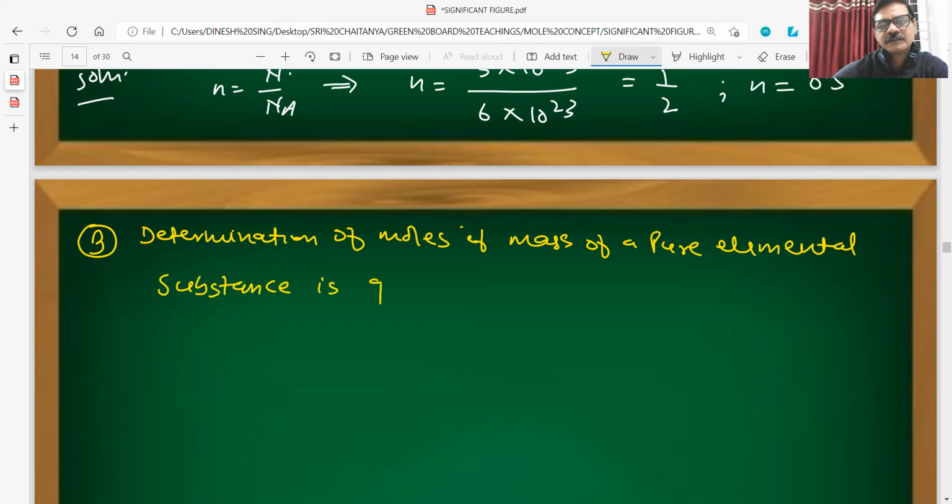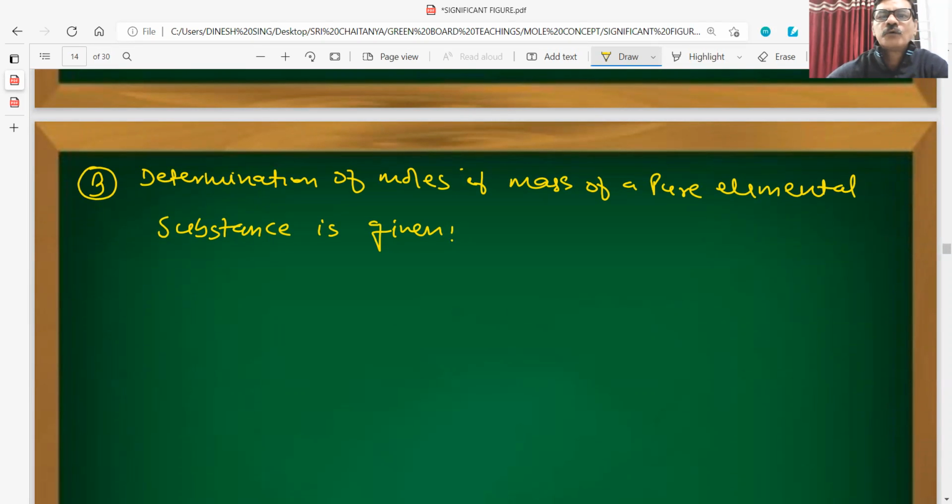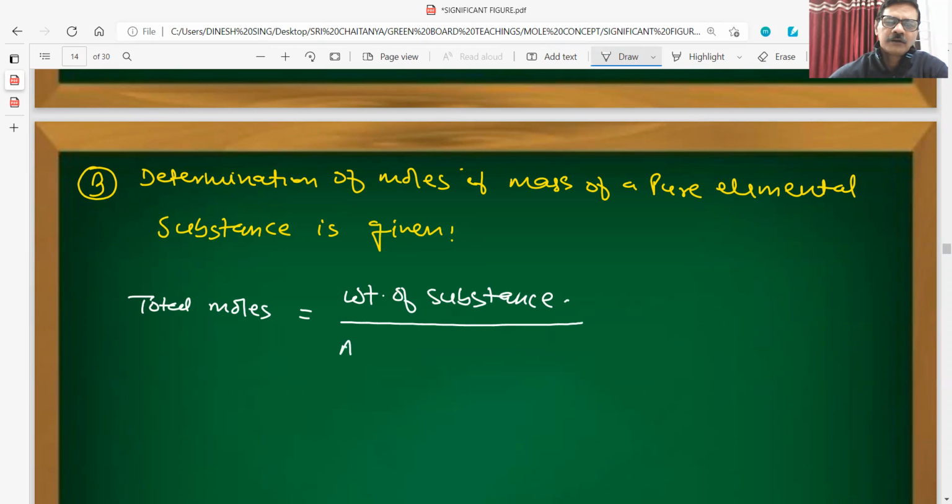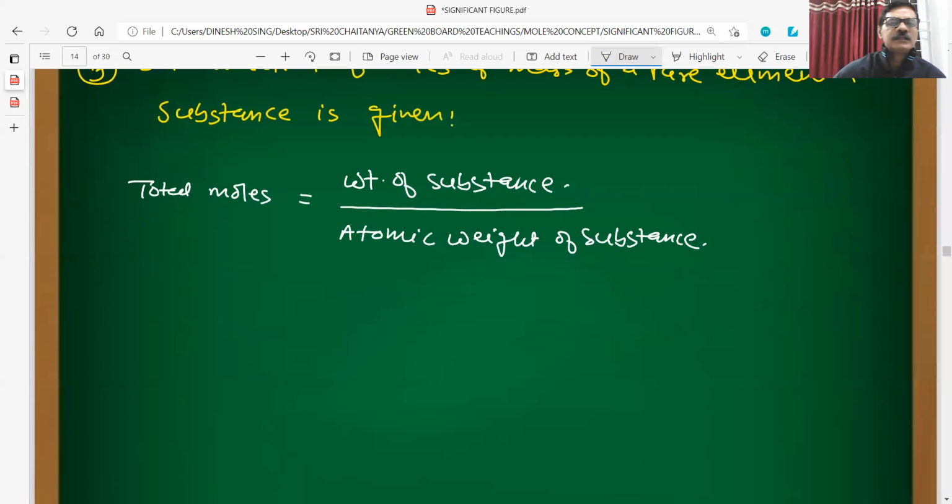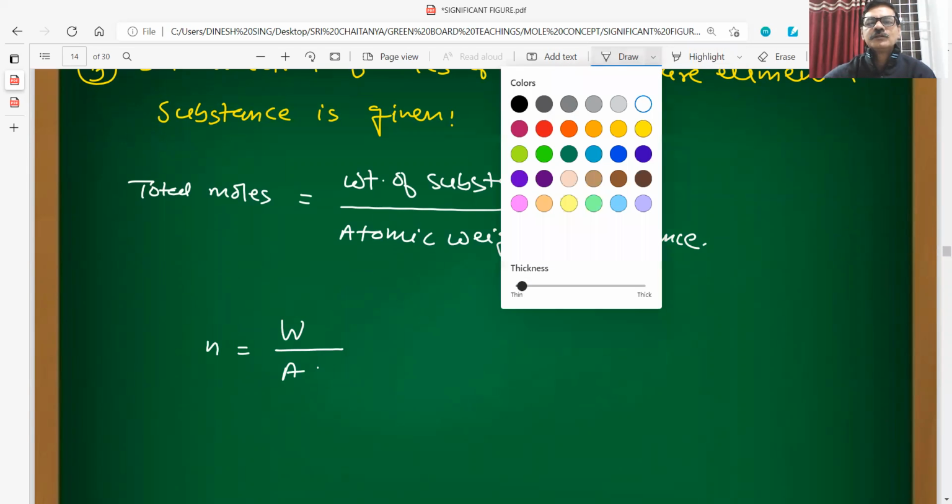For such cases, the total moles will be equal to the weight of the substance divided by the atomic mass or atomic weight of the substance. Again, the number of moles is denoted by small n, weight of the substance by W, and atomic weight of the substance by A. So this is the second formula.